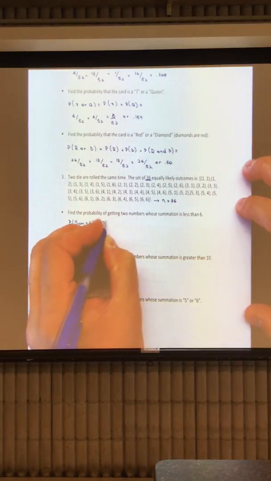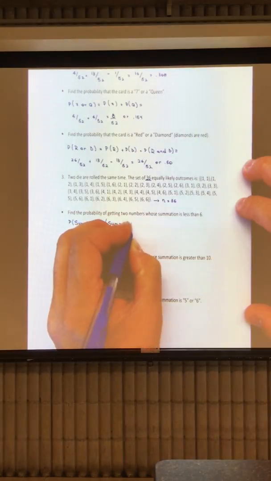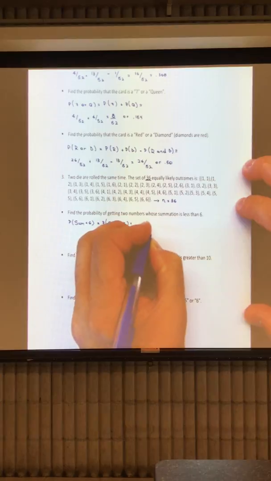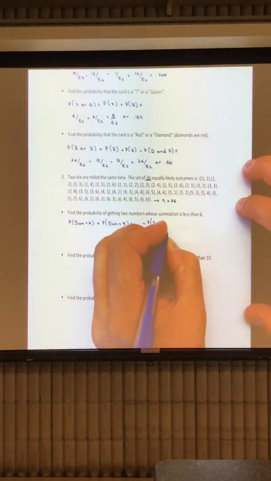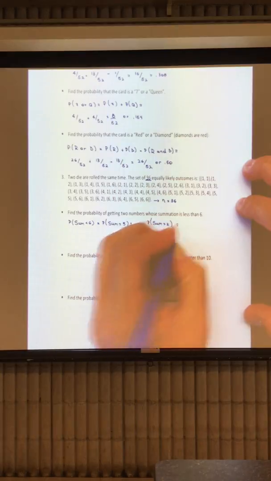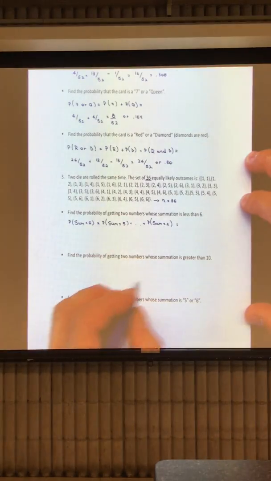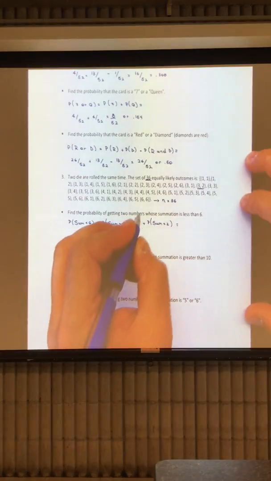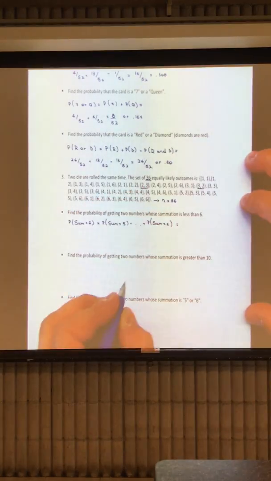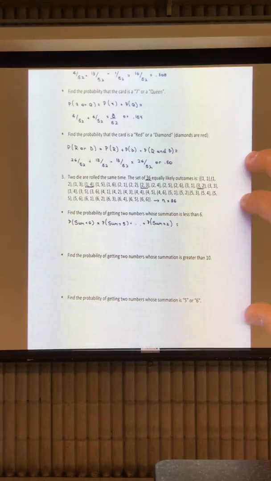This is the same as the summation to be equal to 5 plus the summation to be equal to 4, 3, and 2. So we have to check the outcomes. We're going to have 10 outcomes. For example, for 5, as you can see, you have the 3 and 2, the 2 and 3, 1 and 4, then you have the 4 and 1, and so on.